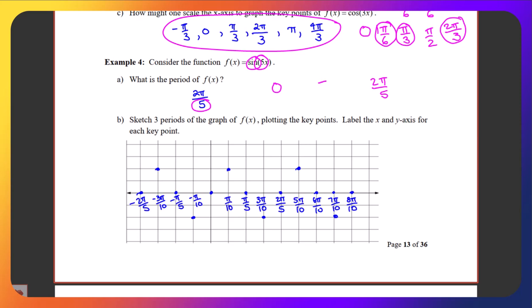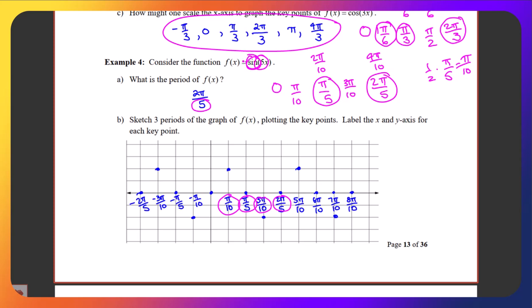Well, half of that is 1 pi over 5, and half of pi over 5 is pi over 10. And so 1 pi over 10, 2 pi over 10, sure enough, reduces to pi over 5, and then 3 pi over 10, and then 4 pi over 10 reduces to 2 pi over 5. And so here are those numbers.